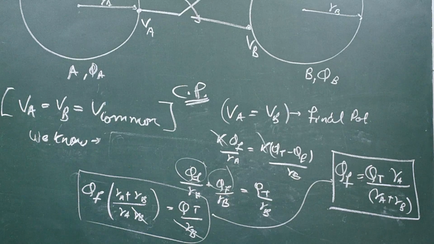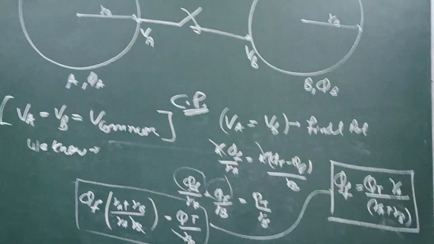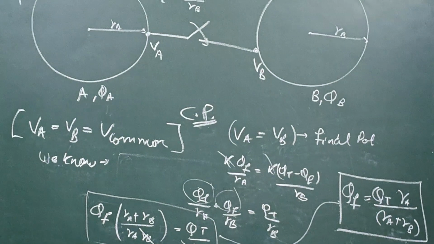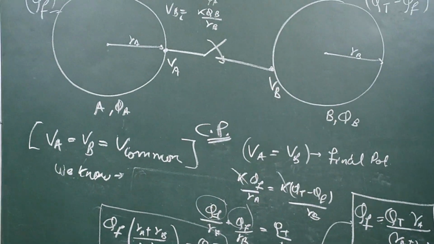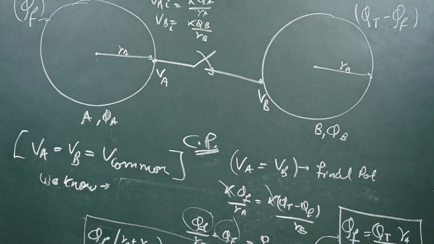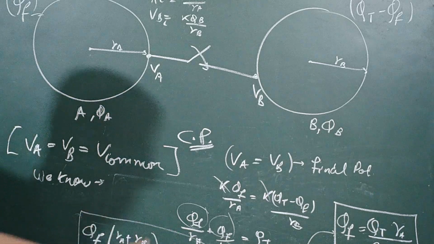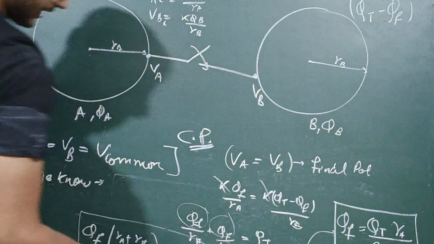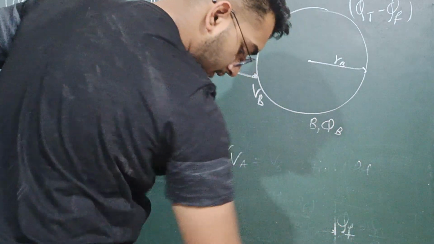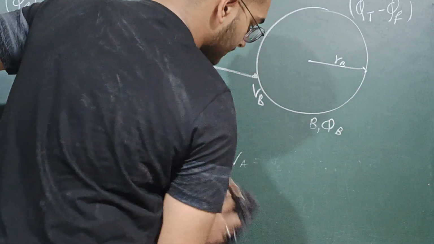So that's how we calculate all those final charges that accumulate on the bodies of the spherical conducting spheres after I close the switch. So I will just write the general formula in the end, which you have to remember along with the concept, because you can forget this formula easily.